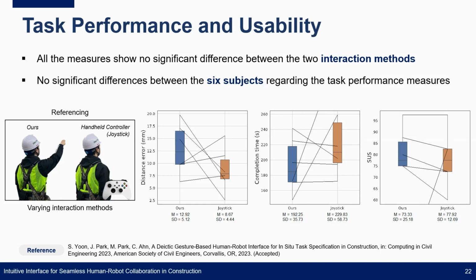We see that our proposed interface accurately estimates the task location and completes the tasks quite efficiently, and the system usability rating is also acceptable even compared to teleoperation. Overall, although we can see some trends here, statistically there was no difference between these two methods.